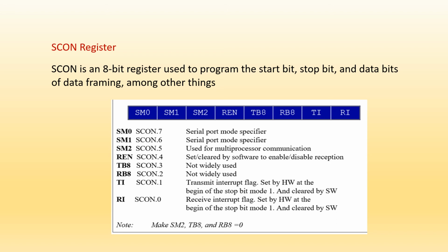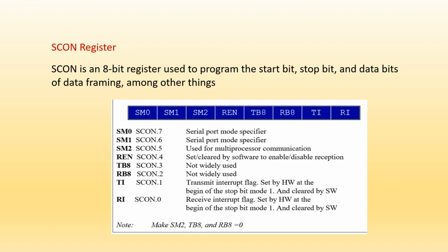Normally, to transmit and receive data, REN has to be set high. TB8, that is transmit bit 8, and RB8, receive bit 8, are not widely used. For all our applications we will set them to 0.